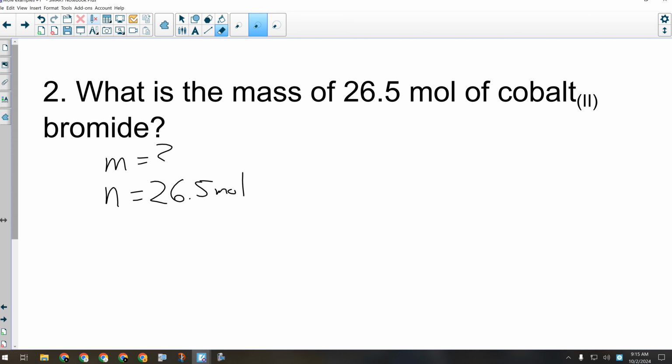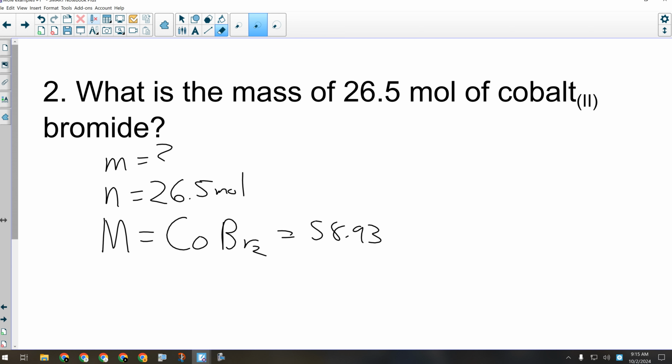What will that help me get? Big M, right. So cobalt 2 bromide, so that's the 2 plus cobalt. Bromine's always -1, so we're looking at CoBr2. Cobalt is 58.93.